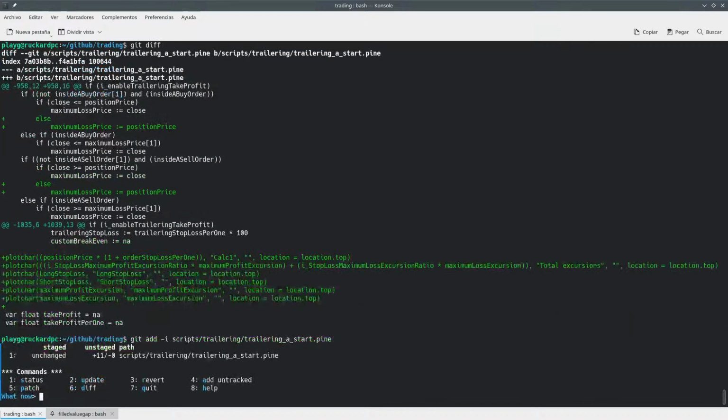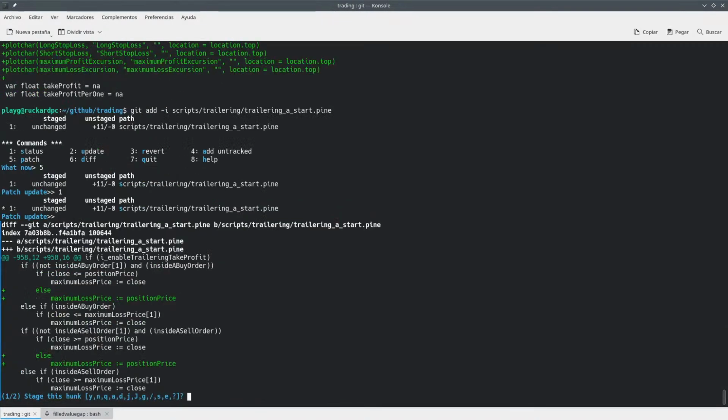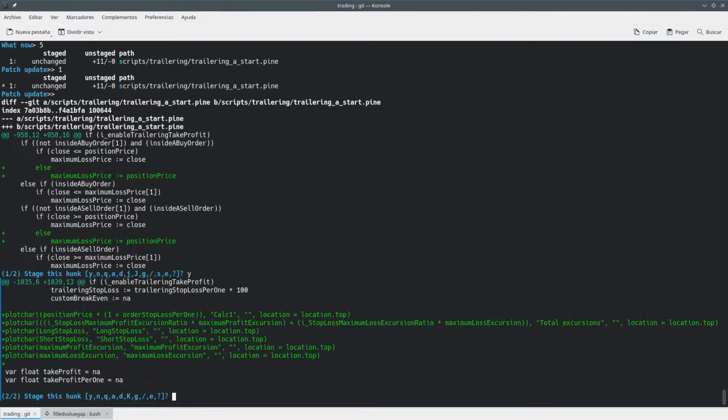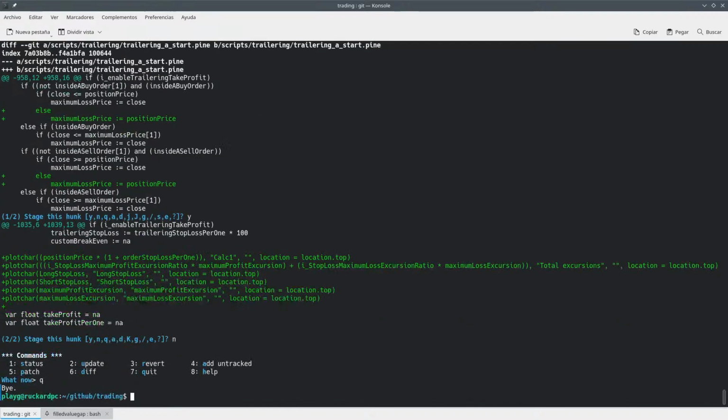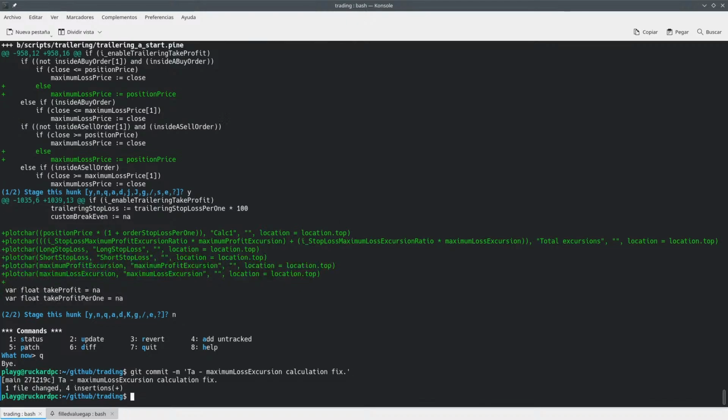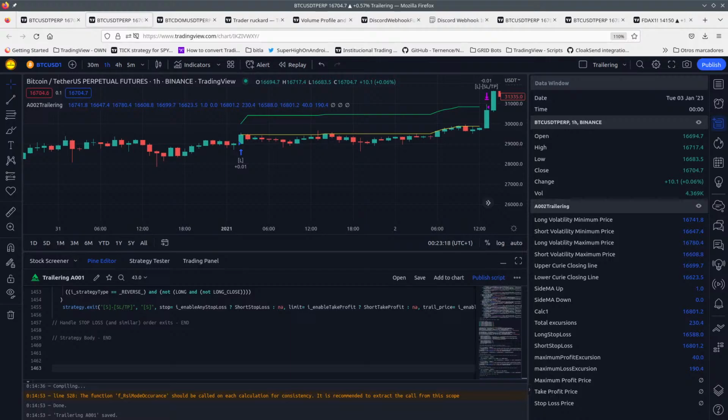Yeah, okay. So we want this, not this. So this is calculation fix. Okay, let's try if this works as expected or not.